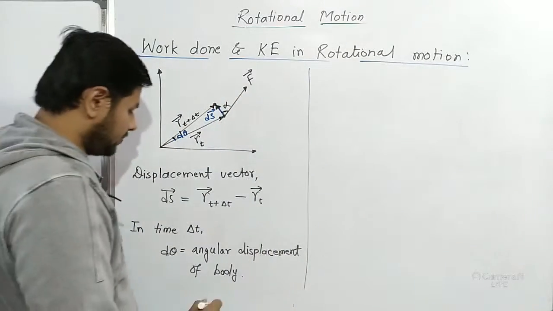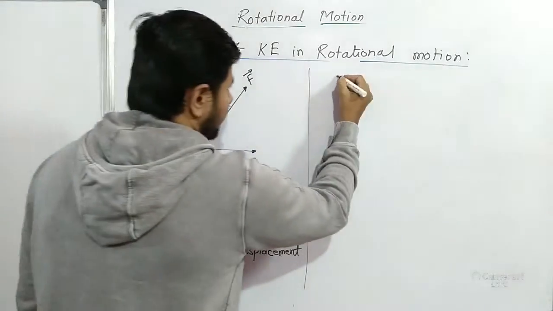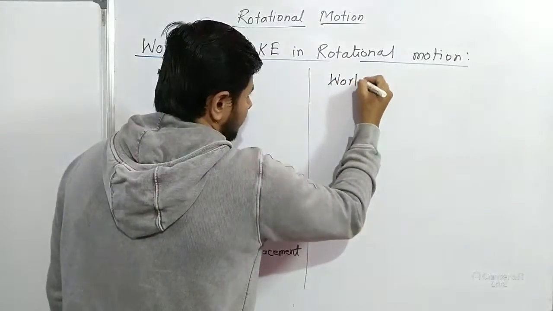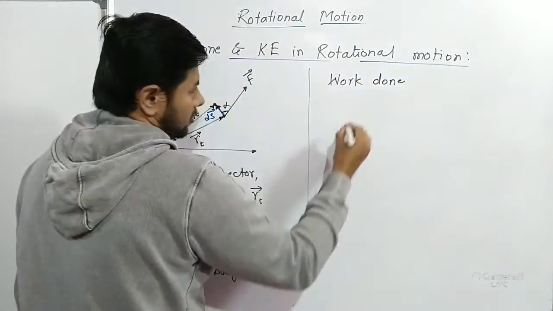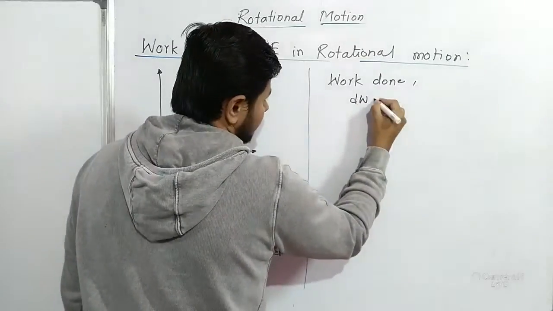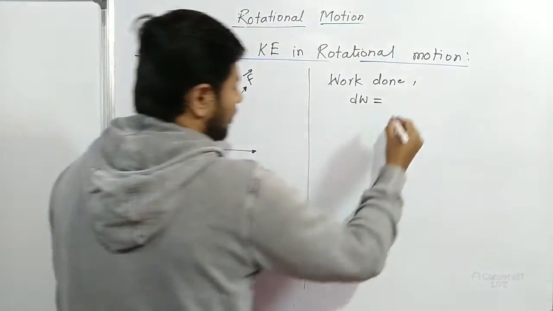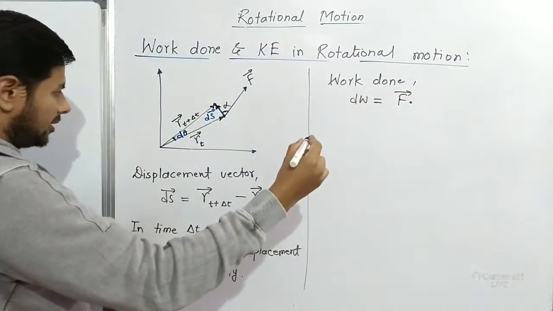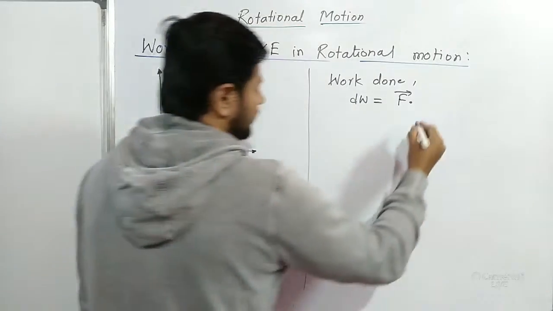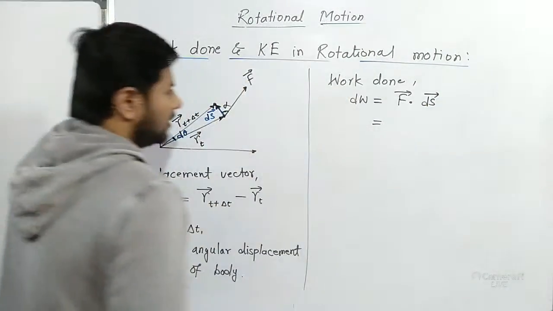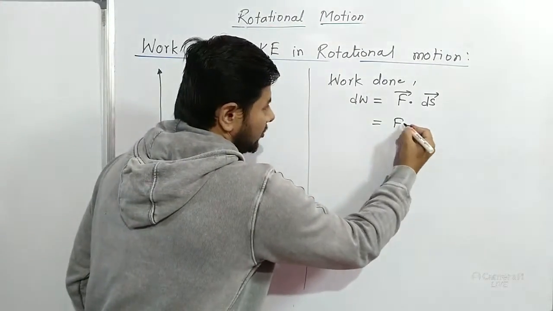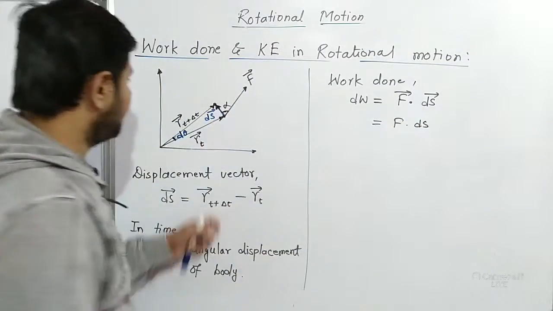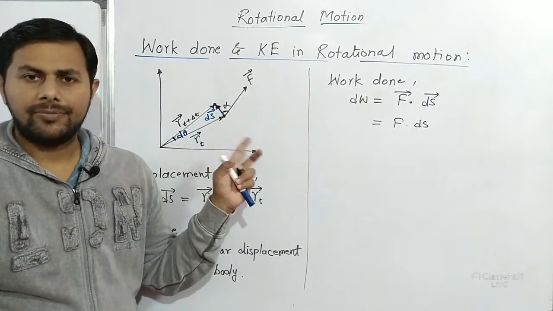So in time dt, the work done dw is just the dot product of this force F bar and displacement ds bar, and it can be written as the magnitude of F bar into the magnitude of displacement ds multiplied by cos of the angle between the two.